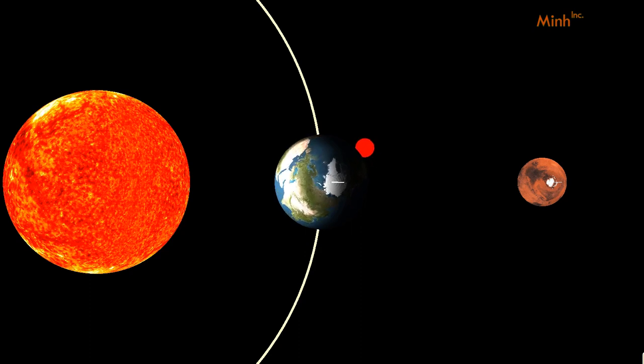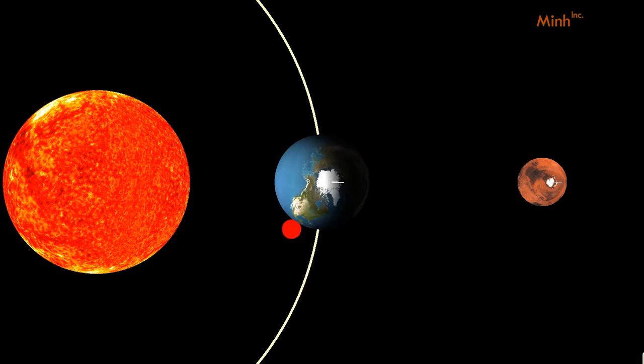So there are two situations. In one situation, he sees Mars in the morning time in the west, exactly opposite to the sun at this moment, and then for the full day he cannot see Mars. Either he sees Mars in the early morning or he sees Mars in the evening.